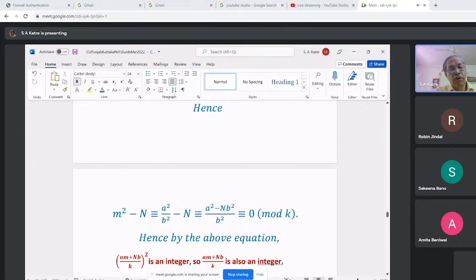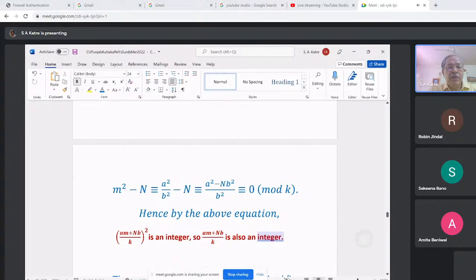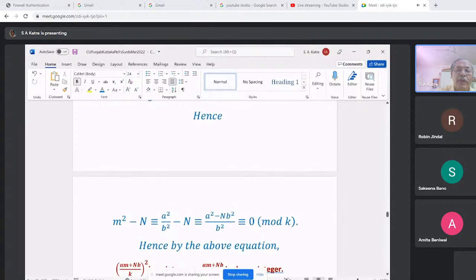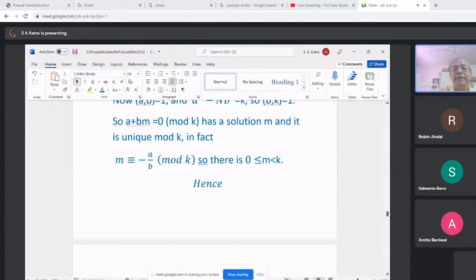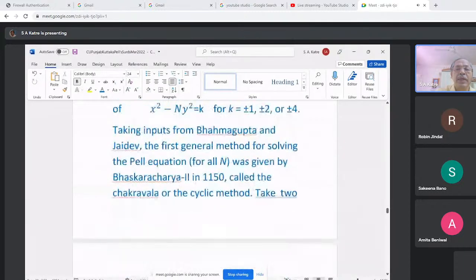So m square minus n is congruent to a square upon b square minus n, where b dash actually it works, although we are writing in the rational form. So a square upon b square minus n, which is congruent to a square minus n b square upon b square. But you see, what is a square minus n b square?